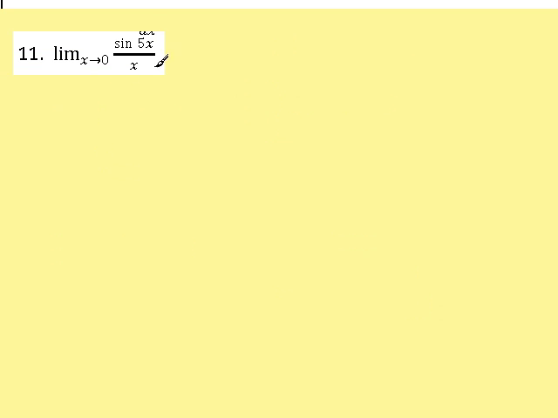In number 11, we're just finding this limit, and we're going to base this on the following. The limit, this we saw in class, as x goes to 0, of sine x over x is equal to 1. So in this case, we have sine 5x over x.